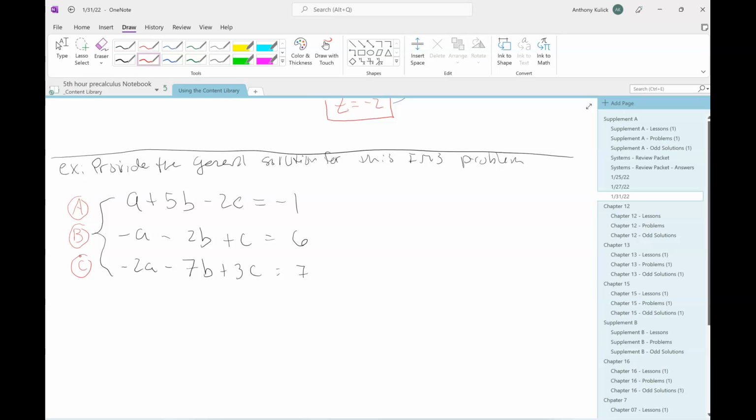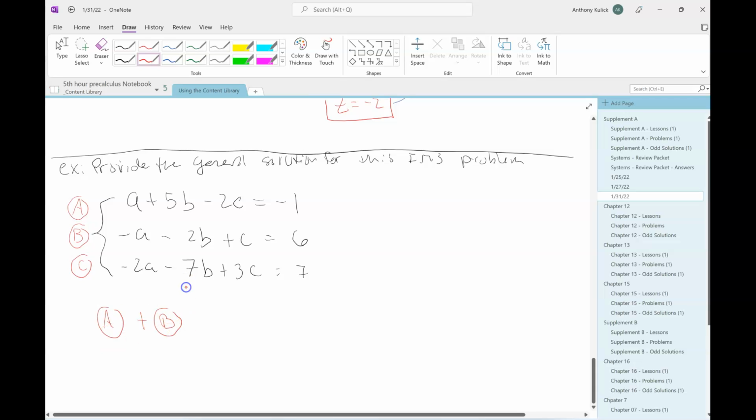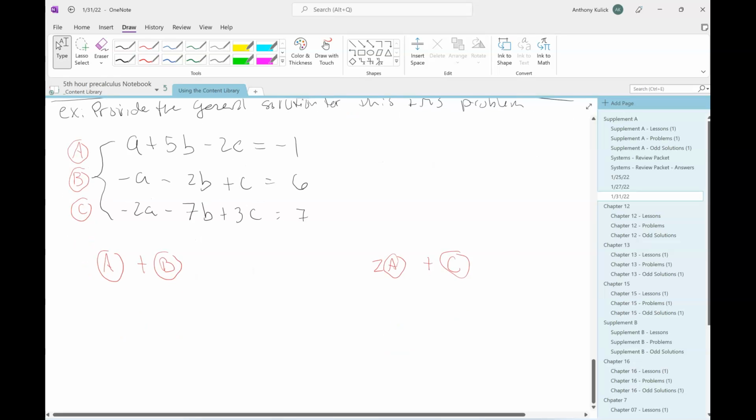A, B, or C? Which one seems like the easiest one to eliminate first? I would say A as well. Mostly because equations A and B are already set up, ready to go. And since the coefficient on A for equation A is 1, there's not much I have to do to get it ready to add to C.